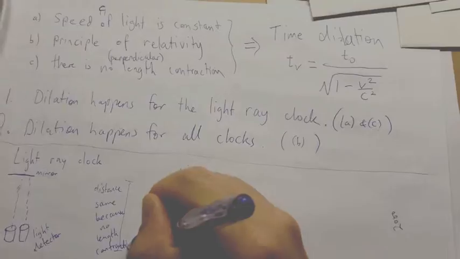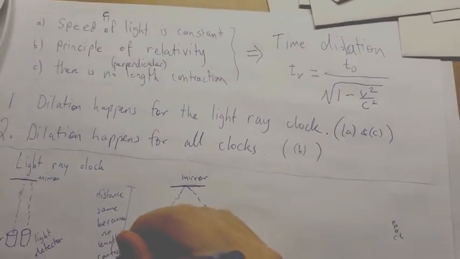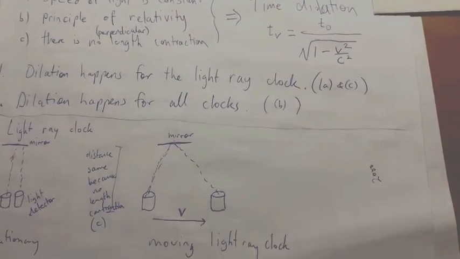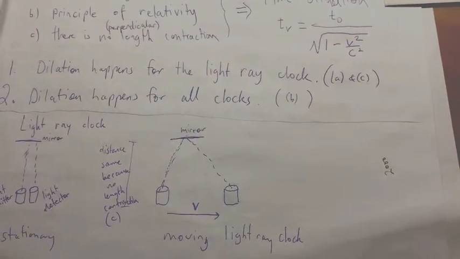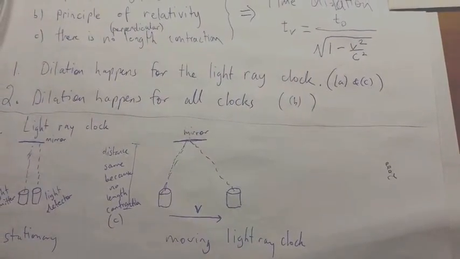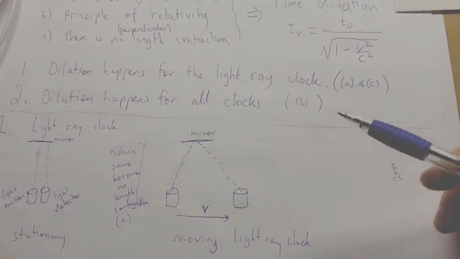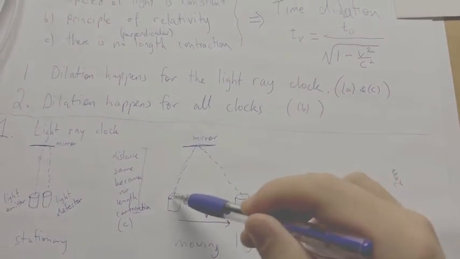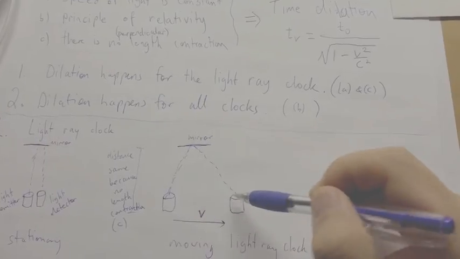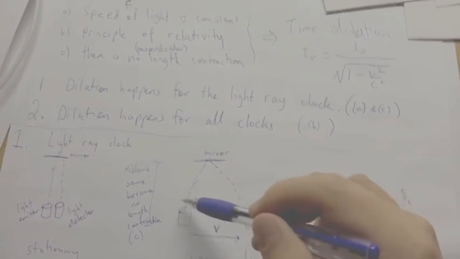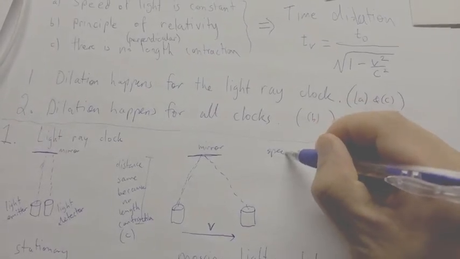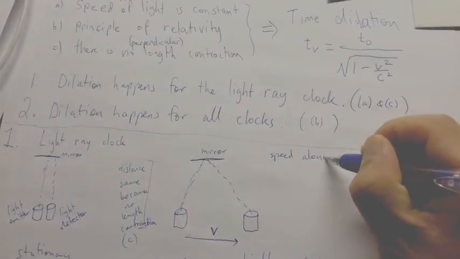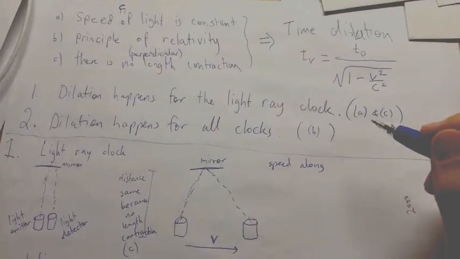So this is our assumption C. But the speed is different, at least in the vertical direction, because, well, the speed along the path of the light is going to be the same in all inertial frames of reference. So that's the assumption that the light travels at constant velocity c.